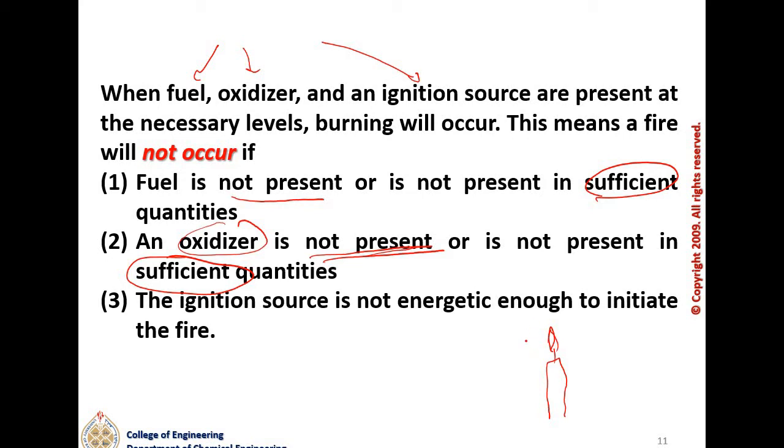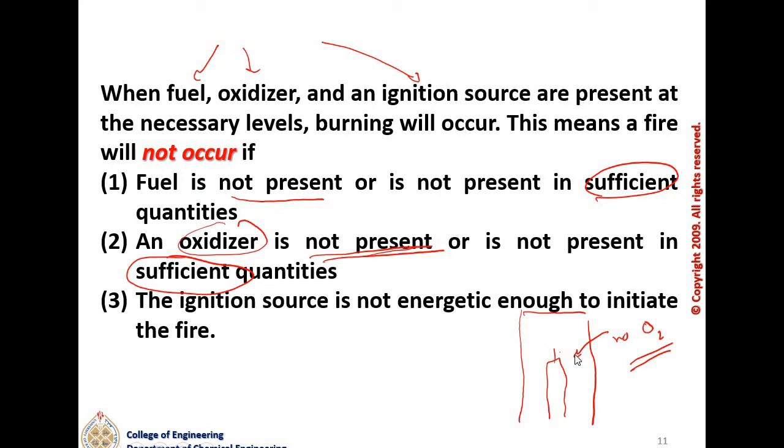When you put a cup or whatever over that candle, the flame will go on, and slowly it will just go off. Why did it go off? Because there is no oxygen. Actually, there's no sufficient oxygen. It's not that there's no oxygen, there's no sufficient oxygen inside this place here. And mainly it will be some kind of vacuum in this place, because you have already consumed most of the oxygen in that place here.